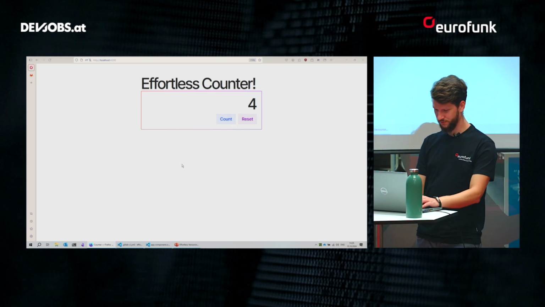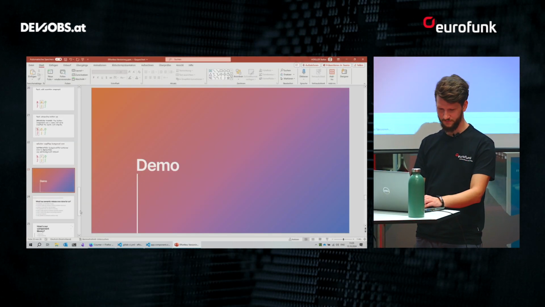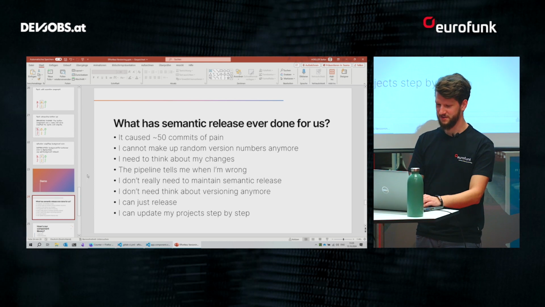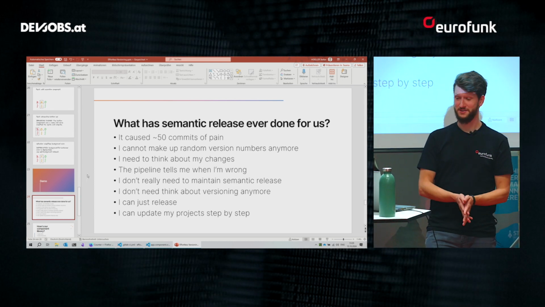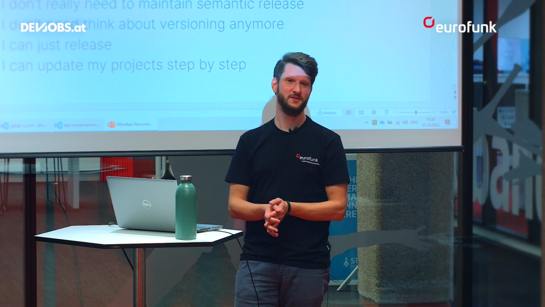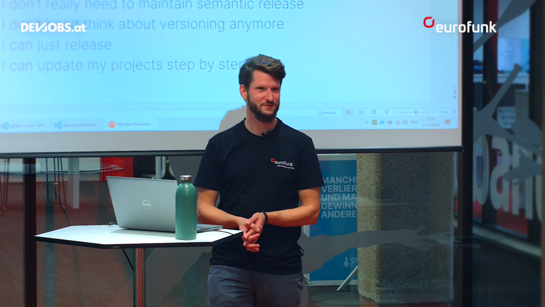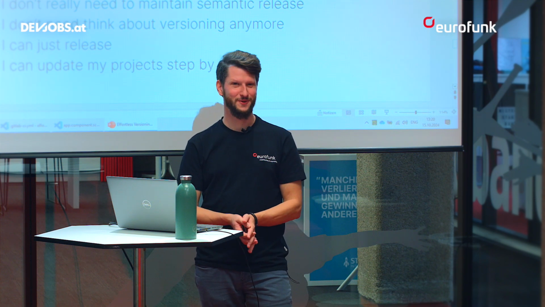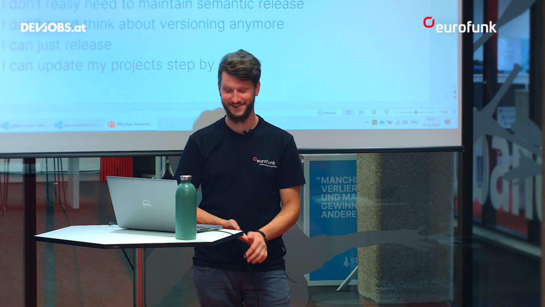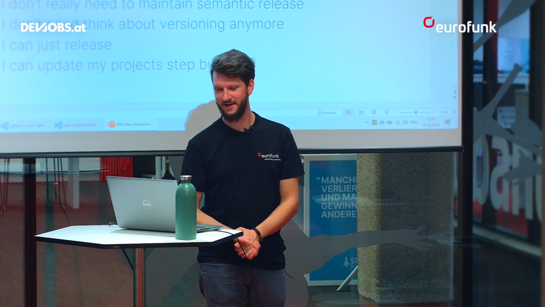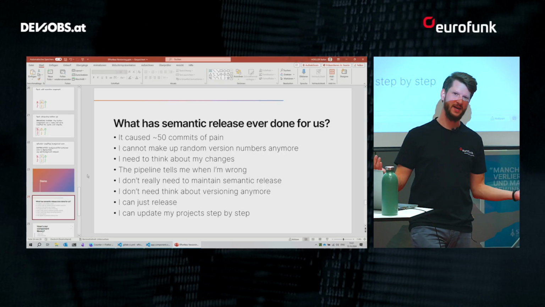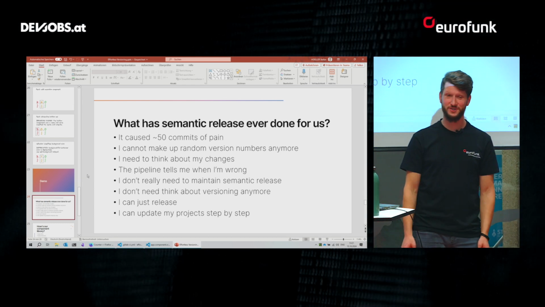Yeah, so what do we learn from that? What has Semantic Release ever done for us? Basically, it cost me, while setting up this demo, 50 commits of pain, because deployment is hard. Another problem is I cannot make up any random version numbers anymore.